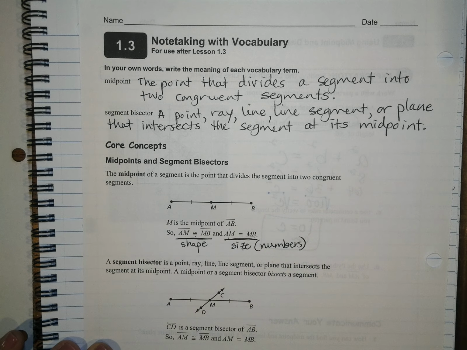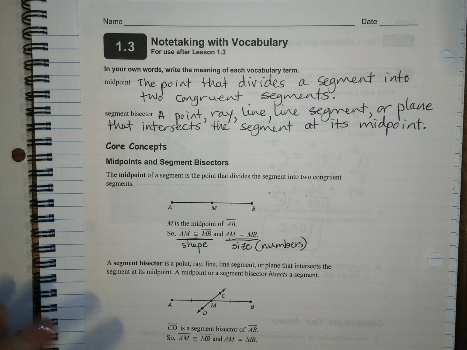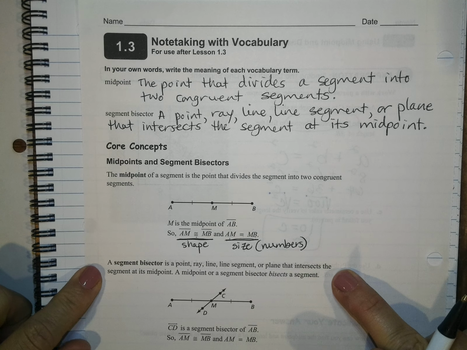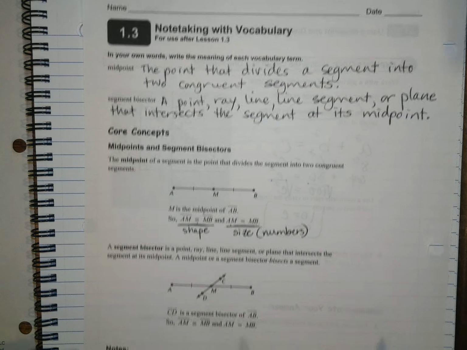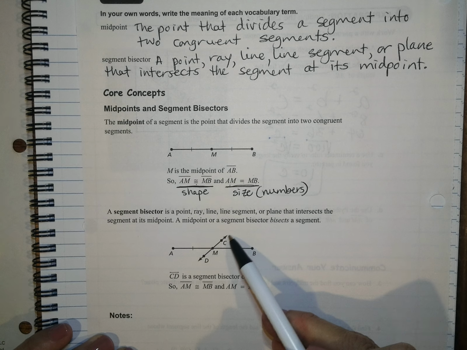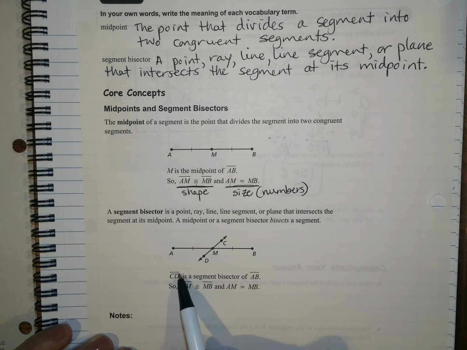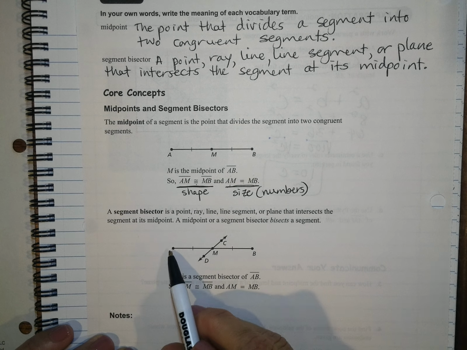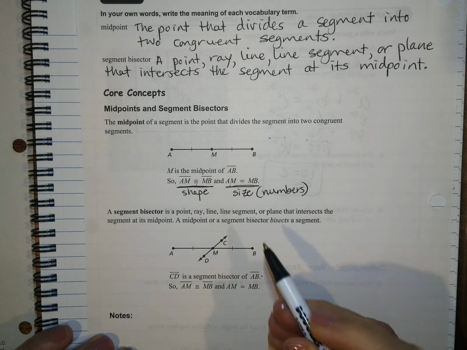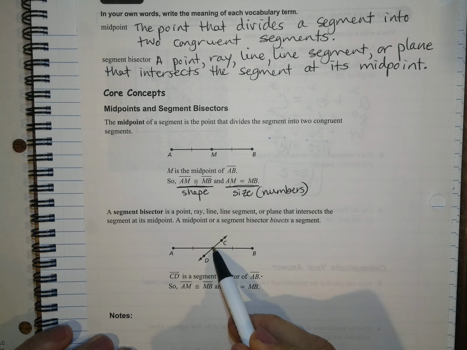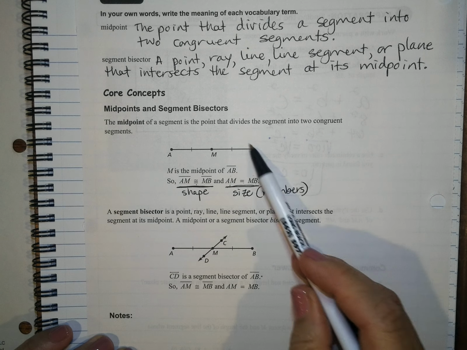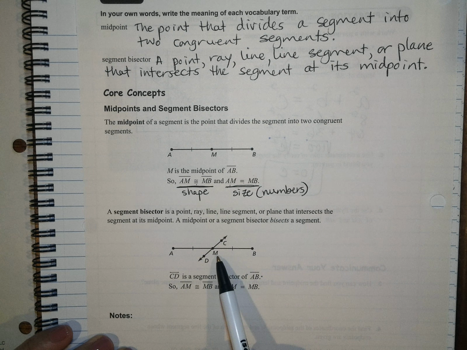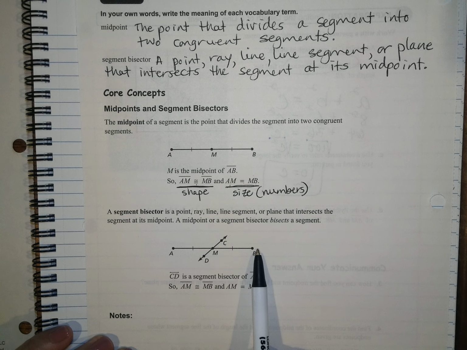A segment bisector can be any of these that intersect. It does bisect a segment. So in this case, line CD, see the little arrows, is a segment bisector of AB, which is a segment. So AM is congruent to MB, just like up here, and AM is equal to MB in length.